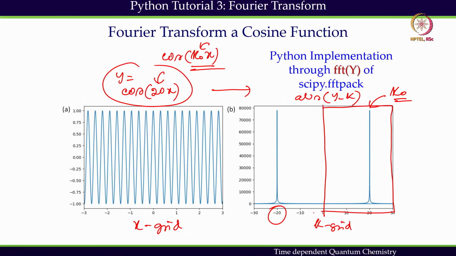The frequency component we are getting is only k naught, because the cos function is oscillating over space with spatial frequency 20, and that is showing up after the Fourier transform. We have only one frequency component, which is 20 on the X grid. So this is the meaning of the Fourier transform of this function.